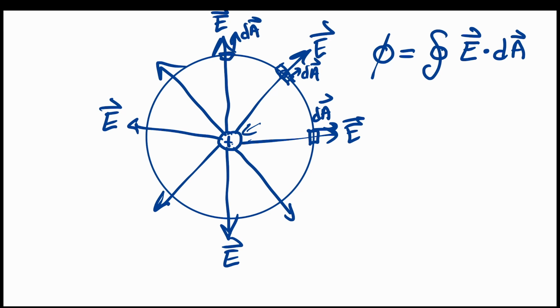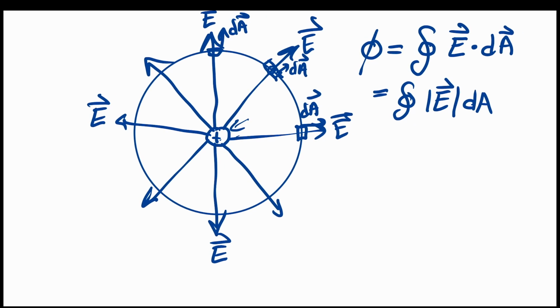Always. So you can rewrite that and say, because of that, the dot product of those two vectors is simply the integral of the magnitude of the electric field as a function of the surface area at a specific point on the surface, dA.